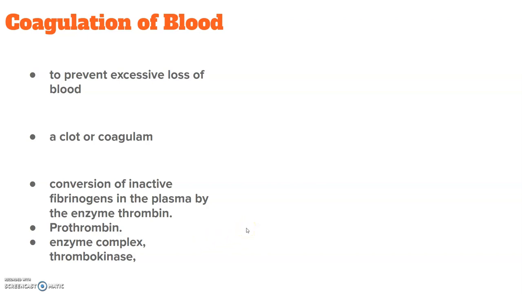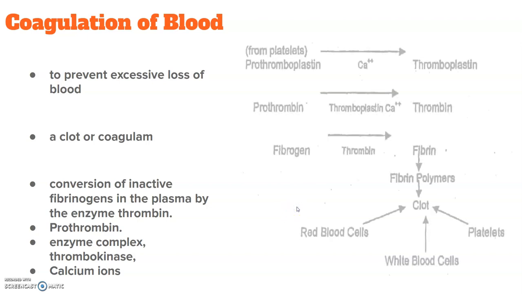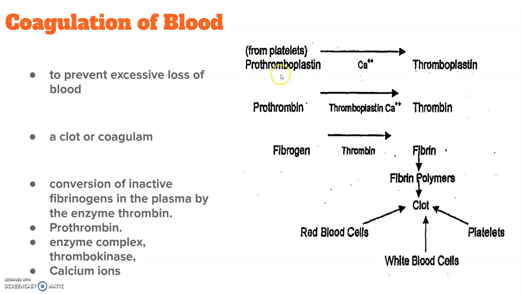So an injury or a trauma stimulates the platelets in the blood to release certain factors which activate the mechanism of coagulation. Certain factors released by the tissues at the site of injury can also initiate coagulation, and calcium ions also play an important role in clotting. So these are all the steps. From platelets, prothromboplastin is released and converted into thromboplastin in the presence of calcium ions.